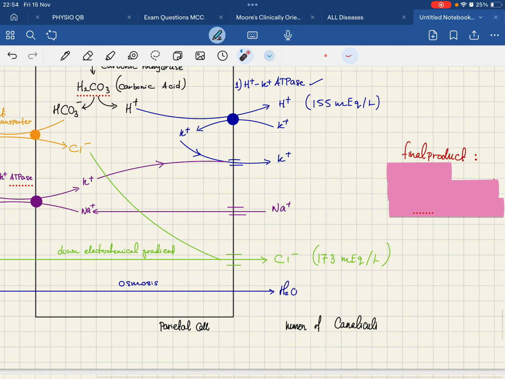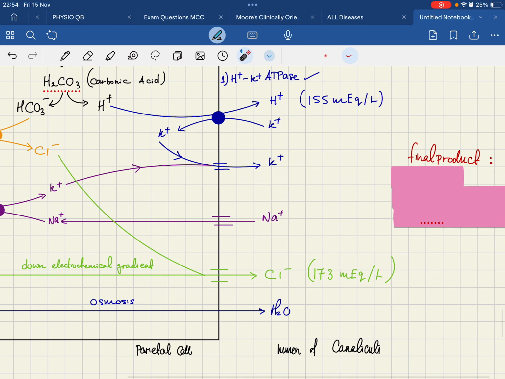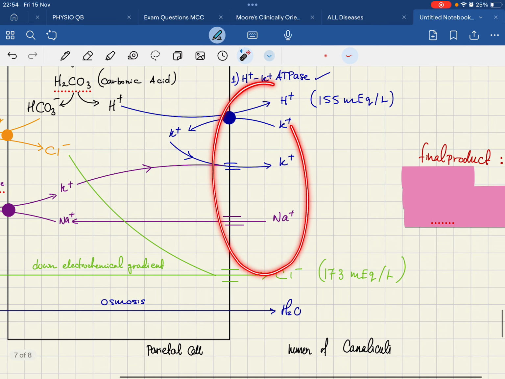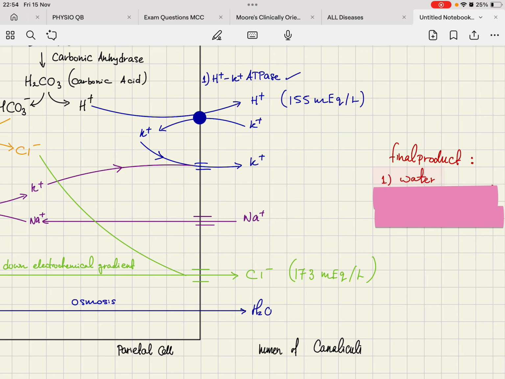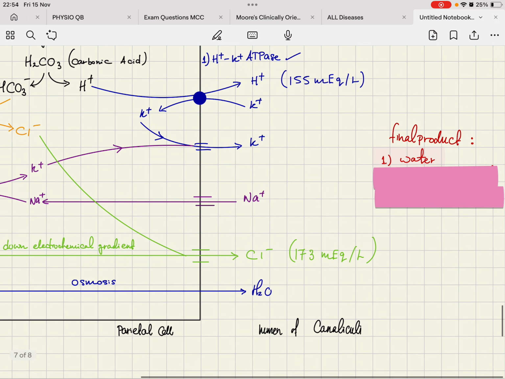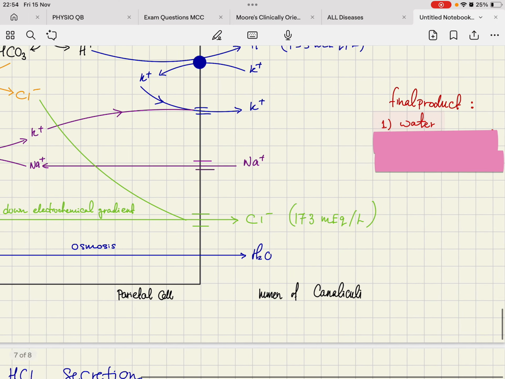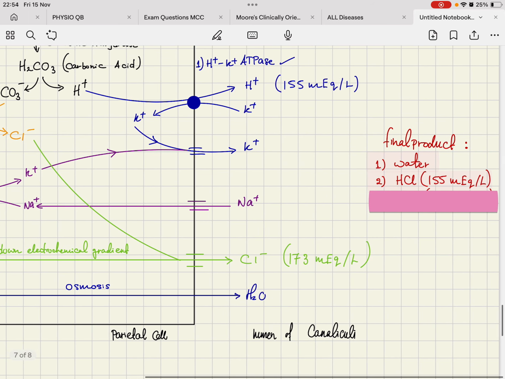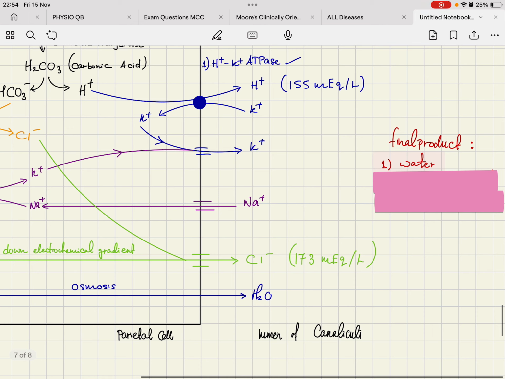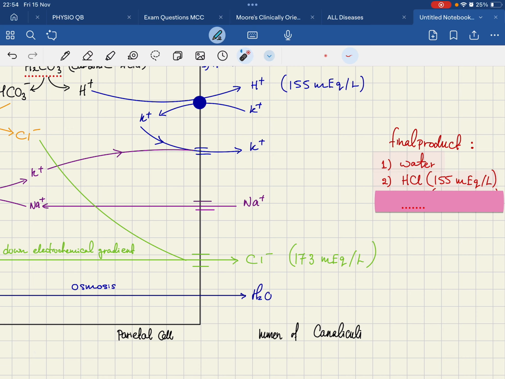So what will be the final product of all of this? Mainly we will have water. We will have HCl at 155 milliequivalents per liter, because as we saw here, H plus is the limiting reagent.